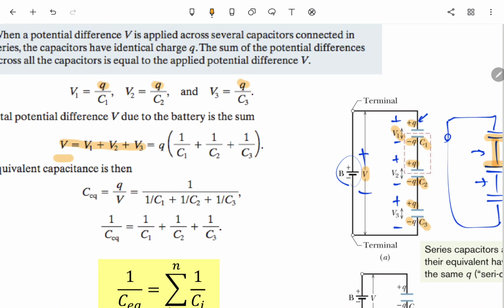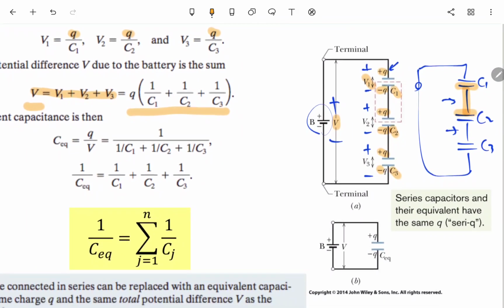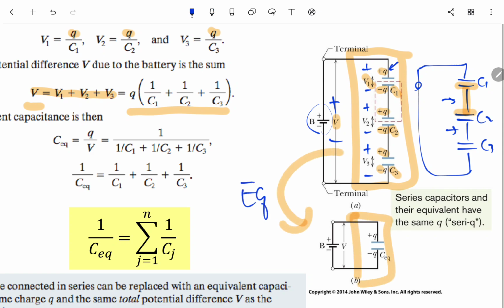Then we try to replace this part with the equivalent circuit, replacing these three capacitors in series with a single equivalent capacitor.